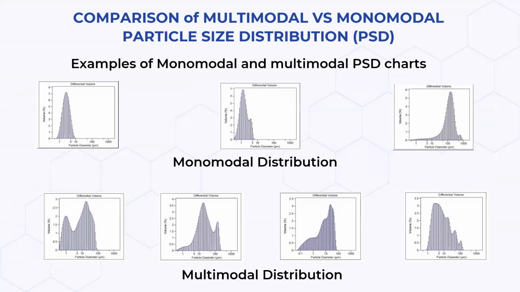The slight shoulders and tails indicate minor size variations commonly seen in high precision milling. The bottom row presents multimodal PSD charts, illustrating active ingredient mixtures with distinct particle size fractions. The last two charts show technical AI with broad distribution, likely due to technical grade batch blending of different particle sizes.